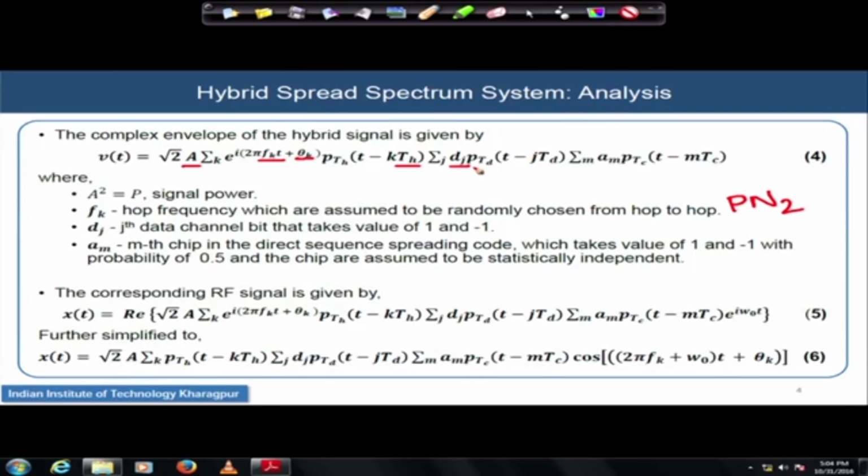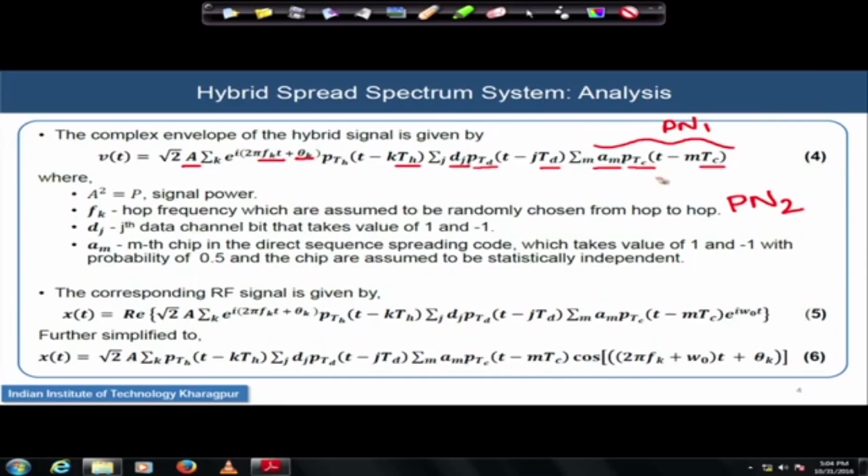The associated pulse shaping is done by PTD, where TD is the duration of that BPSK symbol. Here, am is the m-th chip of the direct sequence spreading code. Here the concept of spreading code number 1 comes in, and the corresponding chip duration is given by TC, with PTC as the related pulse shape.